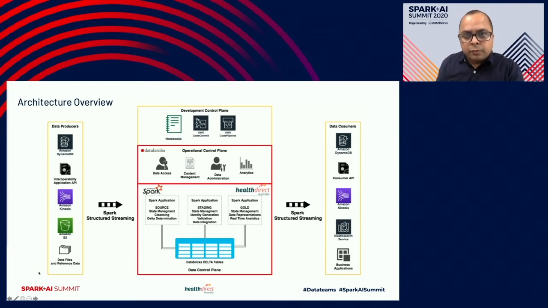Now, talking of the development control plane, this plane is meant to define the tools and IDEs used by the engineering teams to carry out development work, to build new features and apply bug fixes, prepare reports, maintain CI/CD pipelines, etc. Databricks Notebook is one of the widely used tools across teams in HealthDirect to build scripts, applications, dashboards, generate reports, run ad hoc queries, and also perform compute-intensive aggregations for that matter.